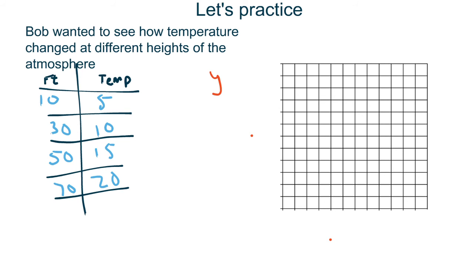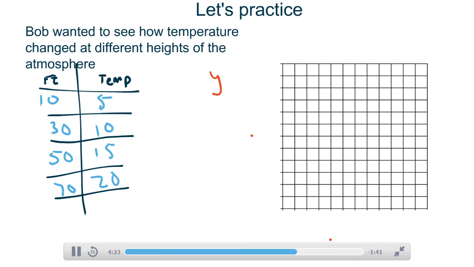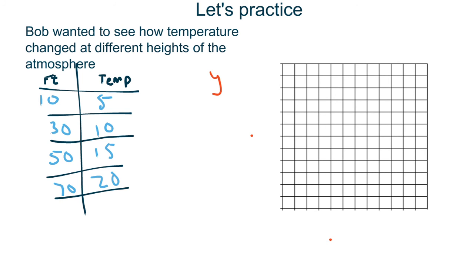It's what he's measuring. So is Bob measuring the feet or is he measuring the temperature? Bob is actually measuring the temperature. So our temperature will go on our y-axis, and the independent variable, what he's changing, the height of the atmosphere.